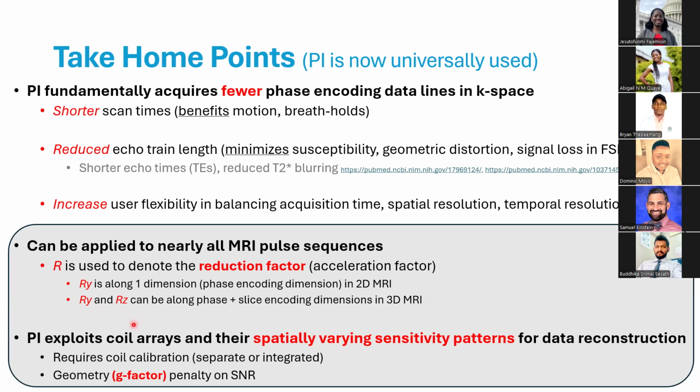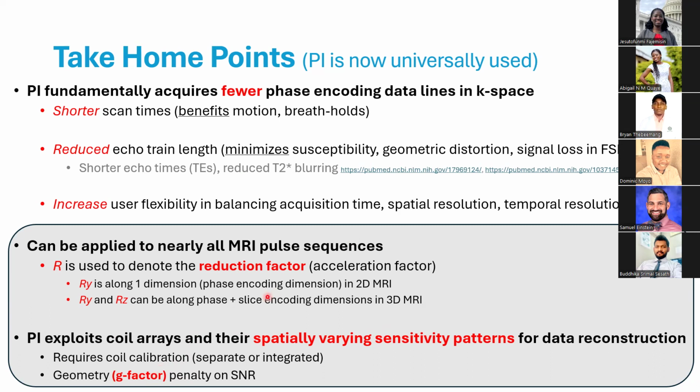At the end of the day, you just need to remember that parallel imaging exploits the coil arrays and their spatially varying sensitivity patterns for data reconstruction. This is very important, because if the sensitivity patterns don't vary enough spatially, then you'll get artifacts. We'll talk a little bit about what's called the geometry factor, which is how you can quantify how well parallel imaging is working.